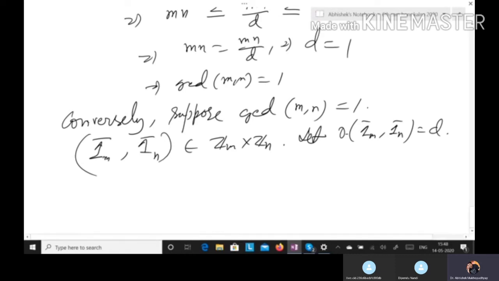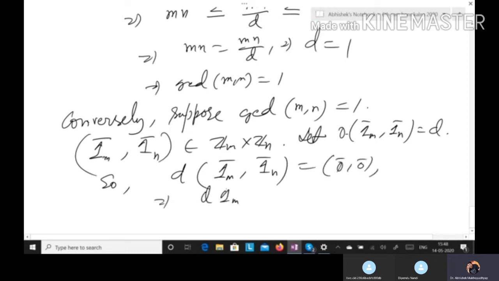Now, since the order of the element 1m class, 1n class is D, D times (1m plus, 1n plus) must be 0, 0. That means D times 1m plus is 0 plus, and D times 1n plus is 0 plus.